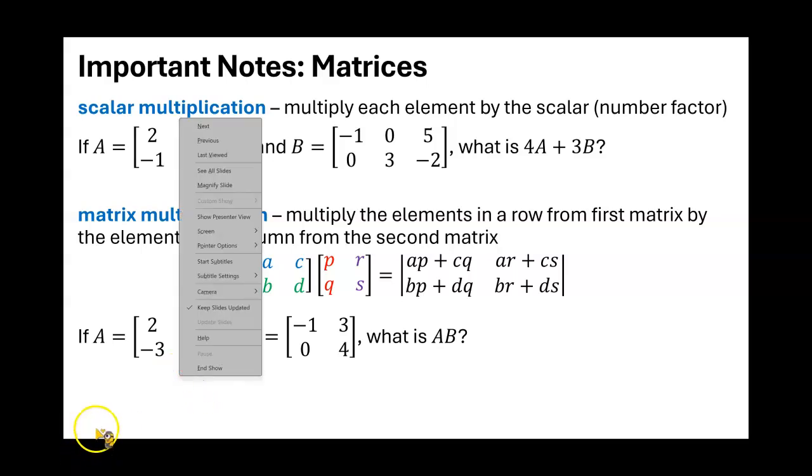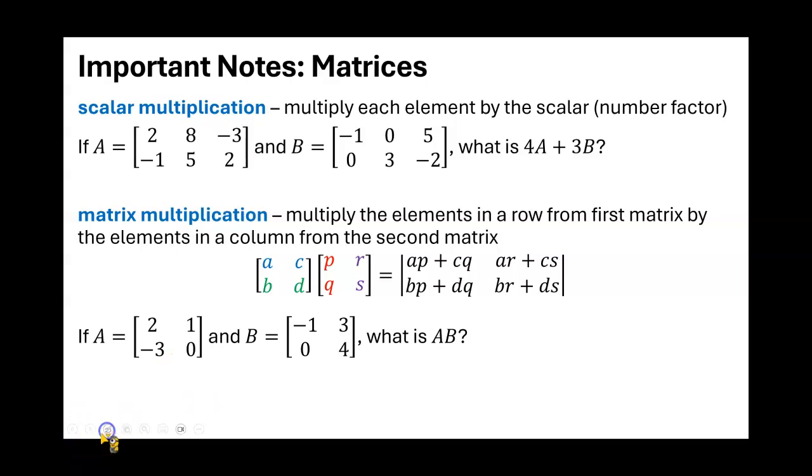Sorry, I did not activate the pen, my bad. There we go. So we will have 2, this one first. It's the first row multiplied by this, so that's 2 times -1 plus 1 by this second element here, so it's 1 times 0.